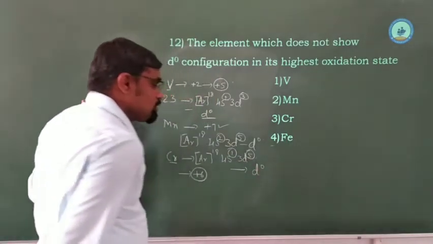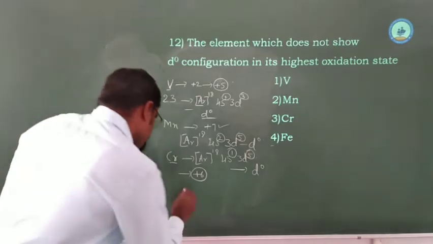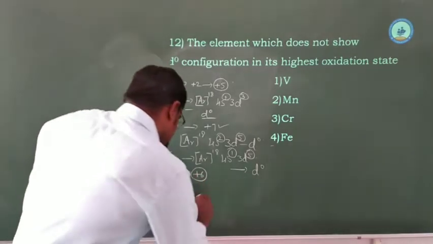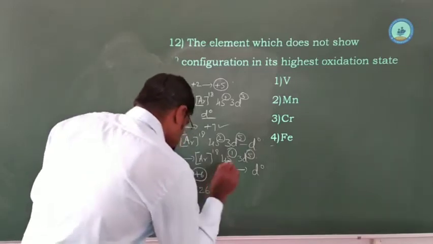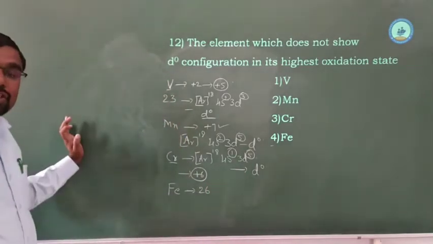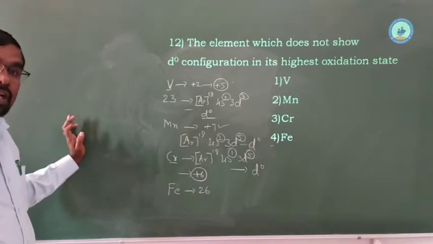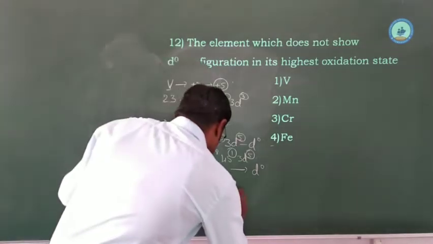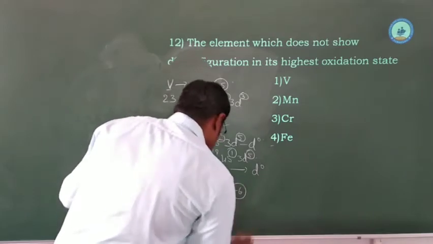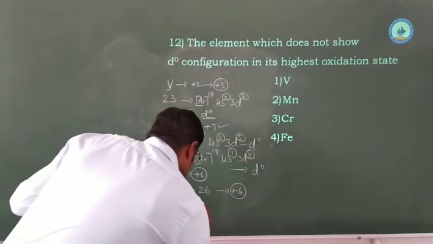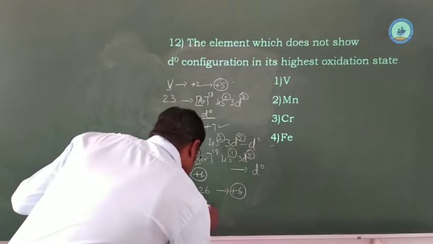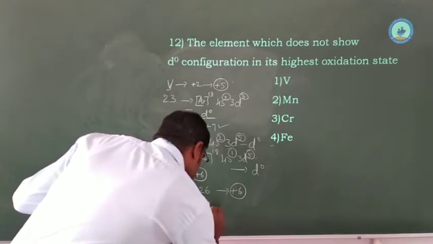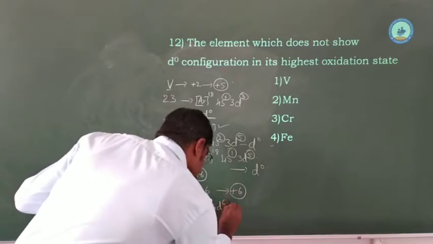And the remaining last one is iron. What is the atomic number of this one? 26. What is the highest oxidation state? The highest oxidation state is +6 for this one. Now the electronic configuration after argon is 4s2 3d6.